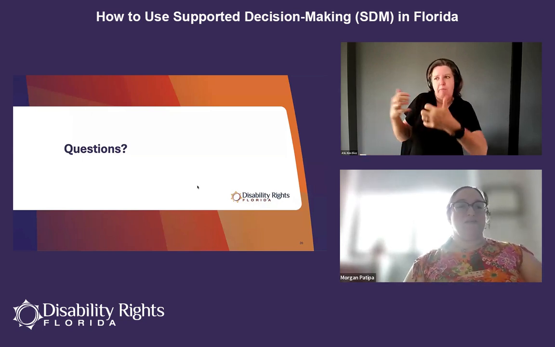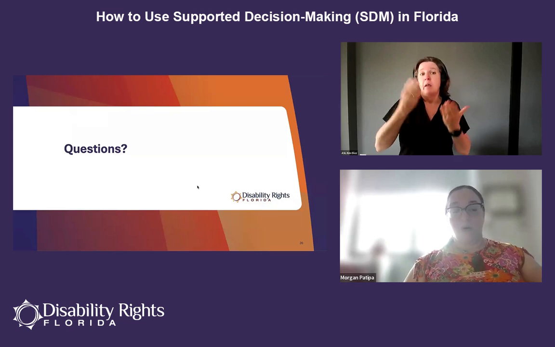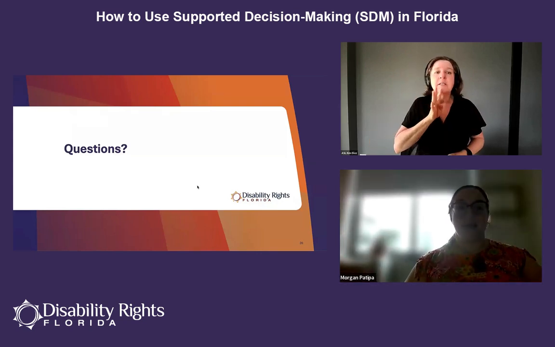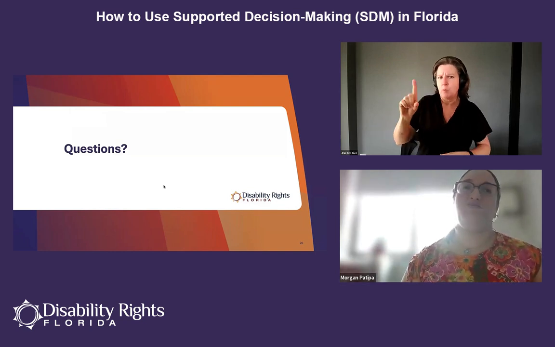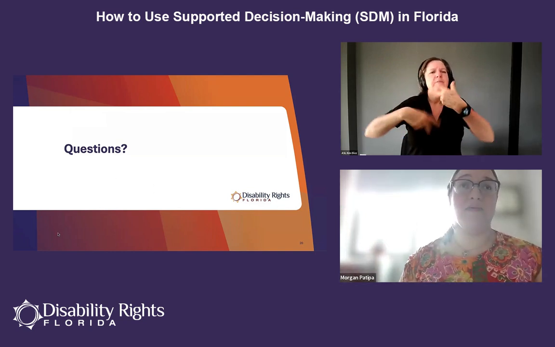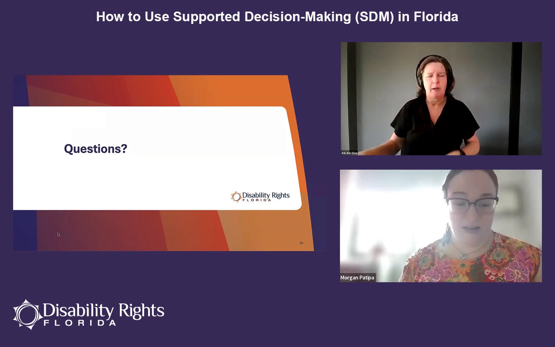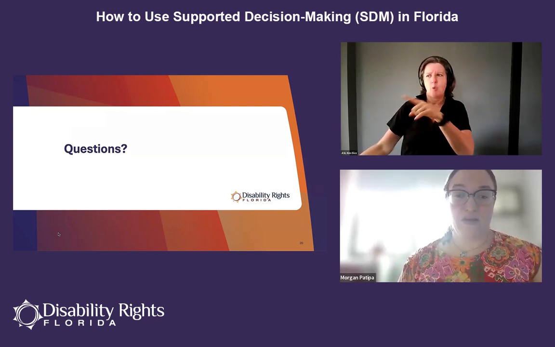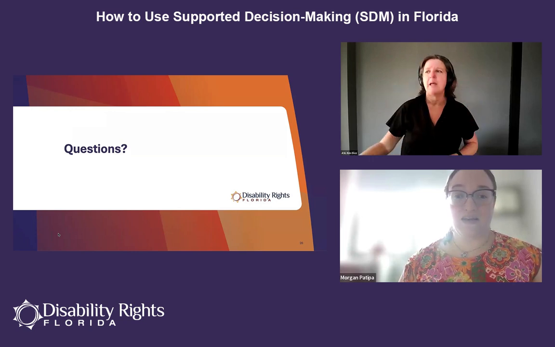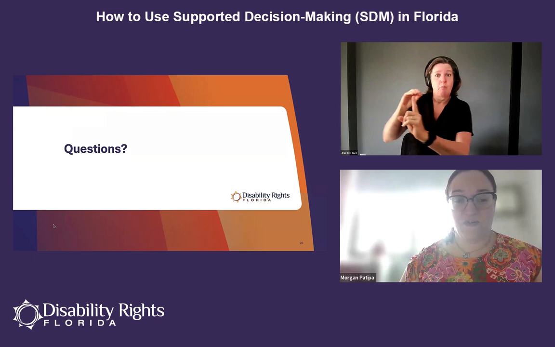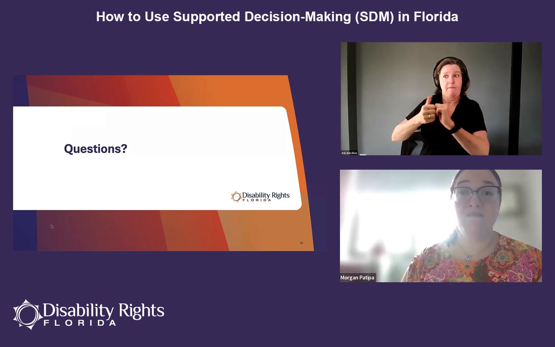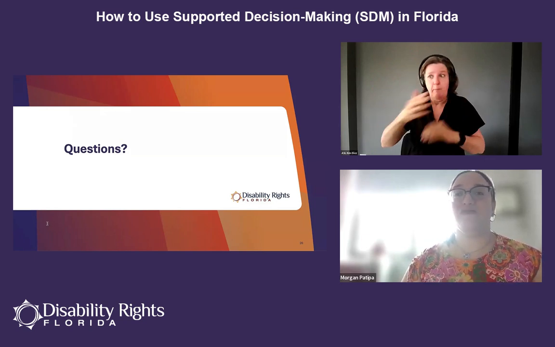I'd like to bring up that just because an individual is nonverbal doesn't mean they can't use SDM. So we have various different forms of SDM agreements. I did see a question in the chat about a template, and we do have a template that contains pictures. So if that is the way that the individual would prefer to communicate, if that's best for them, then we can use that as well.